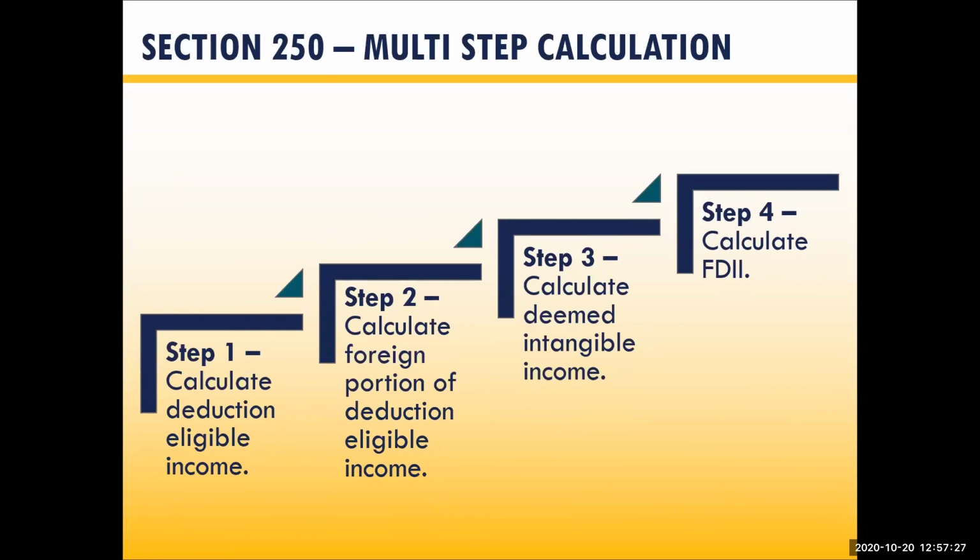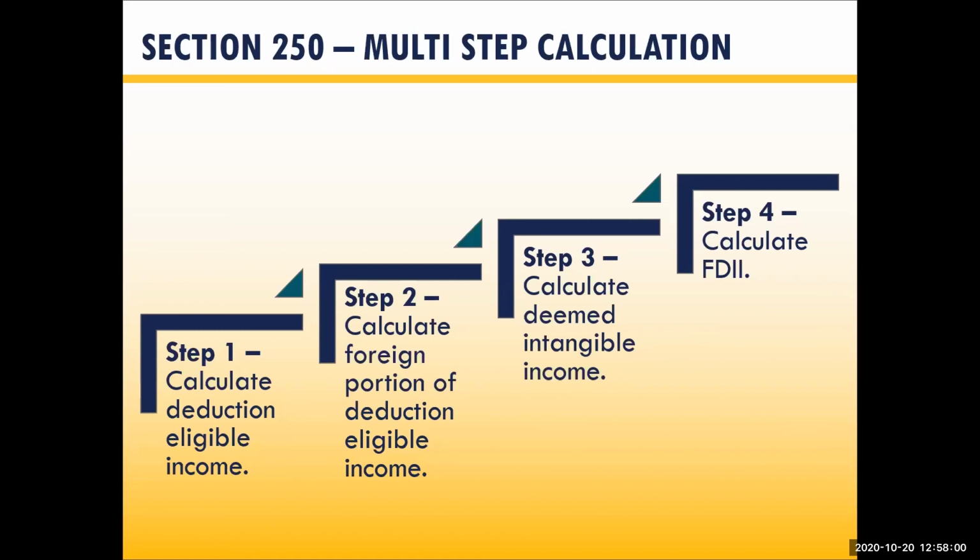Then you calculate what's called a deemed intangible income. Basically you take your qualified business asset investment, QBAI, and you take 10% of that amount. So the QBAI would be your fixed assets, effectively depreciated on a straight-line method versus the MACRS method, which is normally available for income tax purposes.